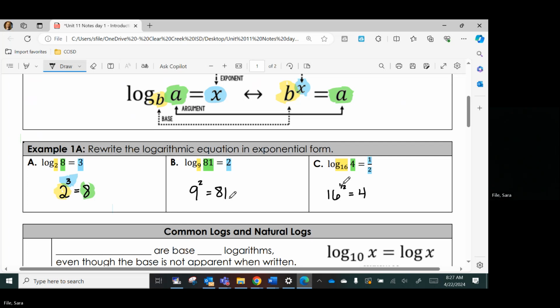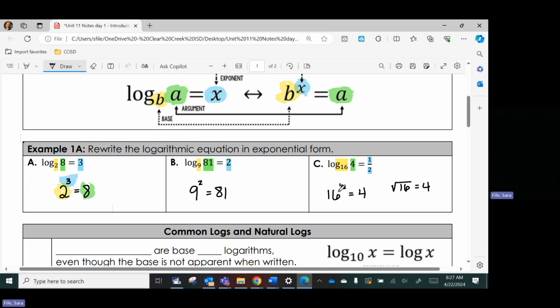Radicals, right? A fractional exponent can be rewritten as a radical, and the denominator of the fraction tells you the index of the radical. A radical is a root. So since this is a 2, this is a square root. A 1/2 power is the same as a square root. So this could be rewritten as the square root of 16 equals 4, which is true.